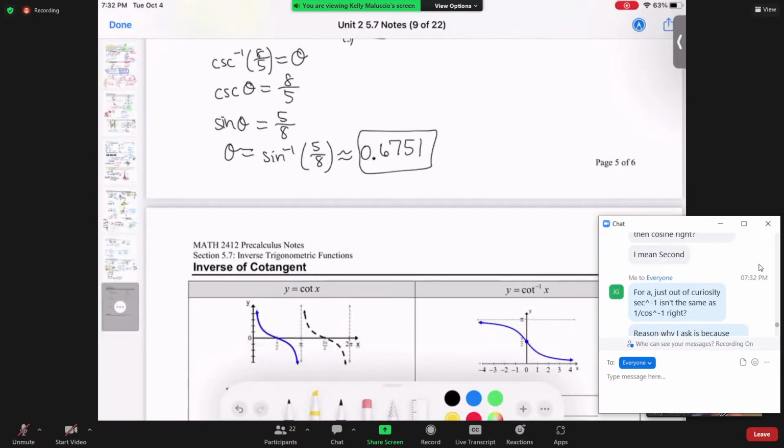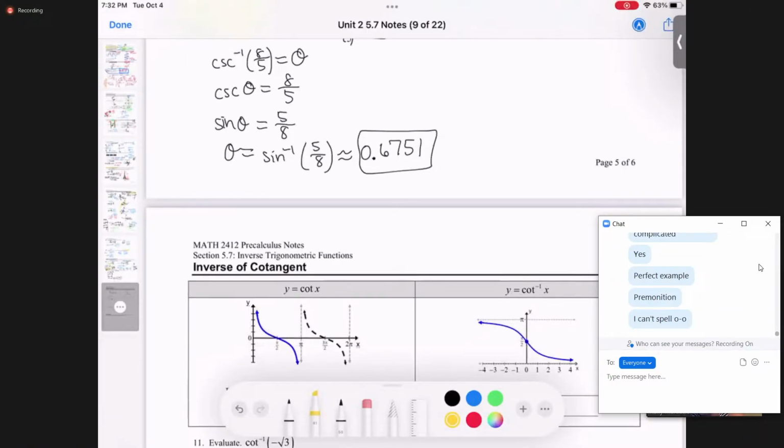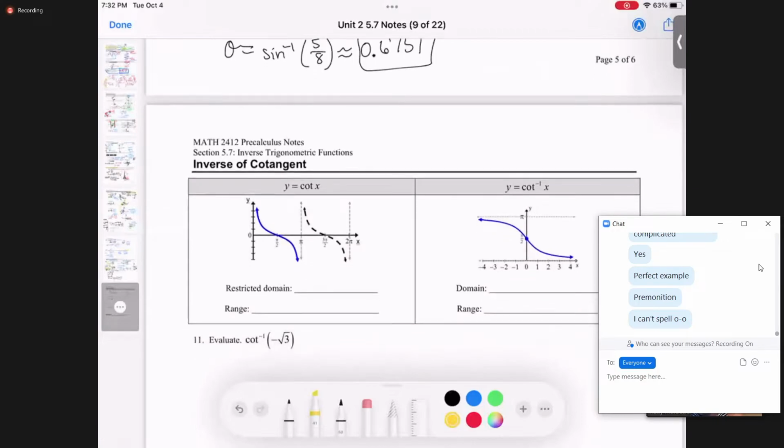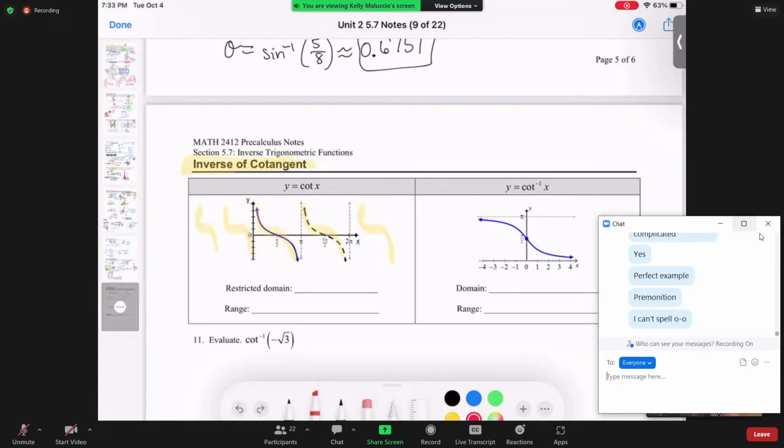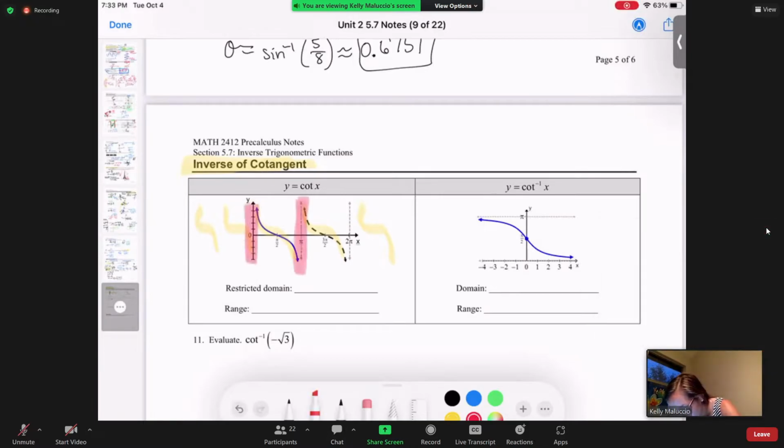So inverse of cotangent, again, similar thing. Here's the cotangent function. It's like tangent, it just repeats, right? But we're just going to focus on 0 to pi.